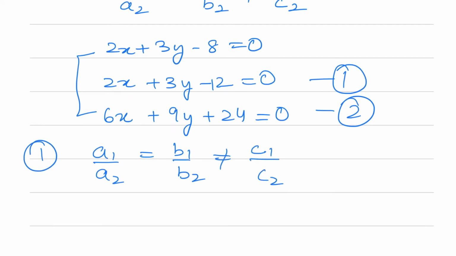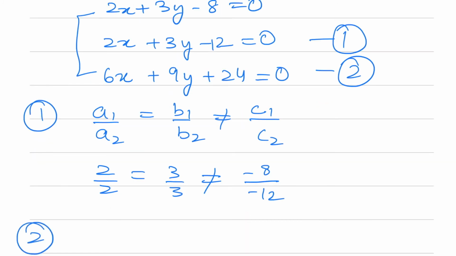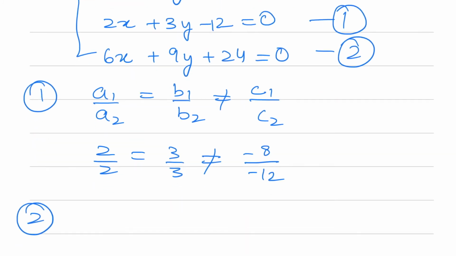So let's write down and see. So 2 by 2 is equal to 3 by 3, and it is not equal to minus 8 by minus 12. For the second equation, I can write down that 2 by 6 is equal to 3 by 9. Both are equal to 1 by 3. But it is not equal to minus 8 by 24, which is equal to minus 1 by 3. So this is also proved.